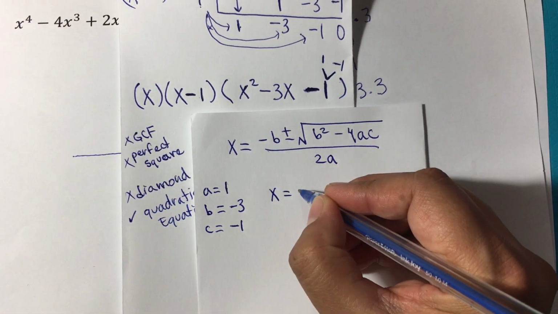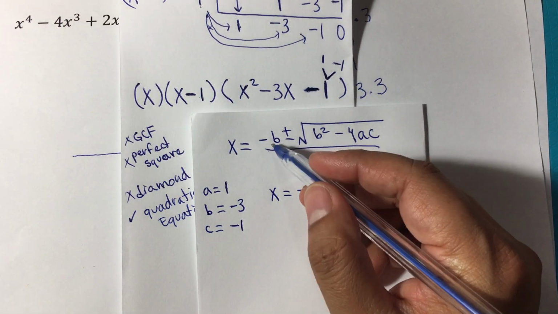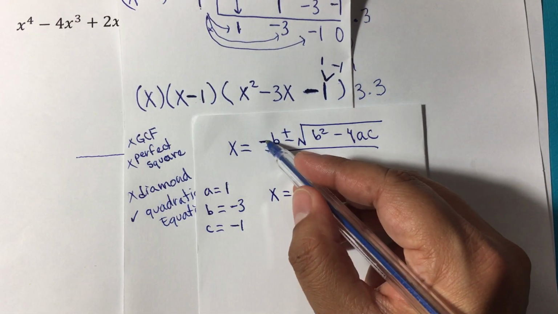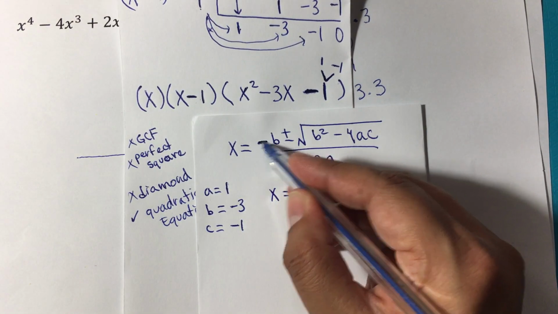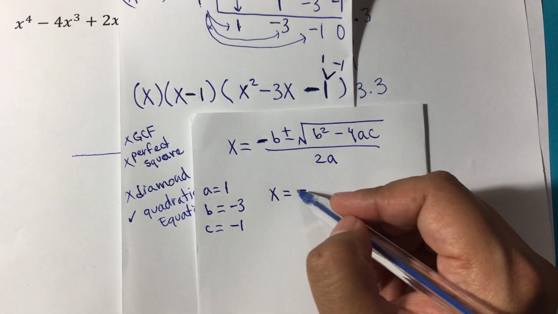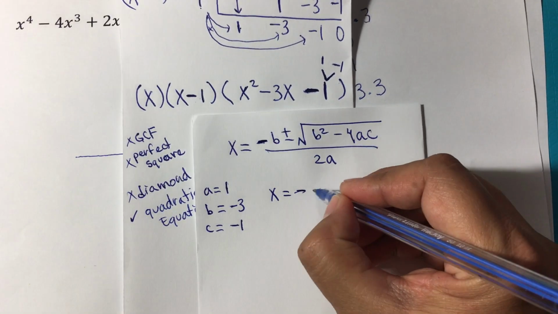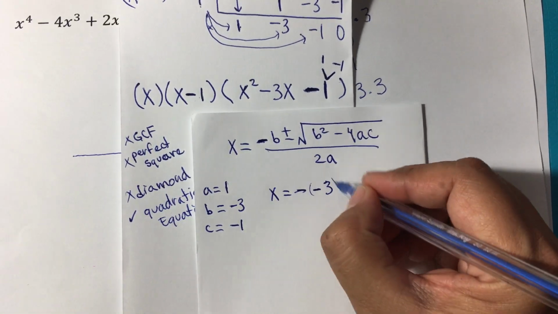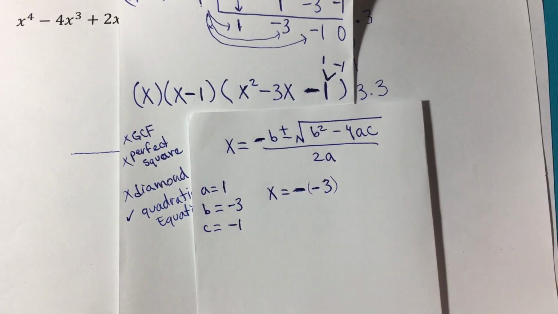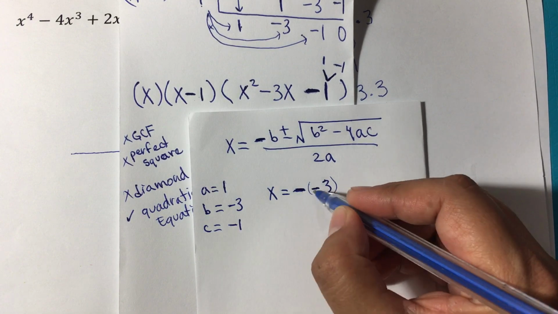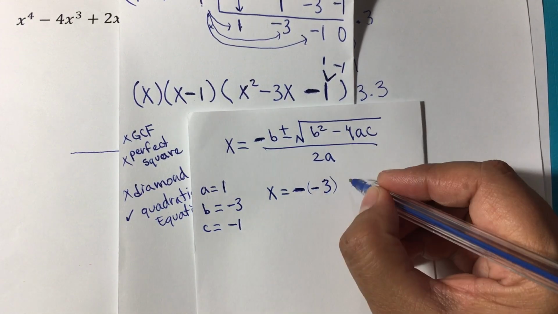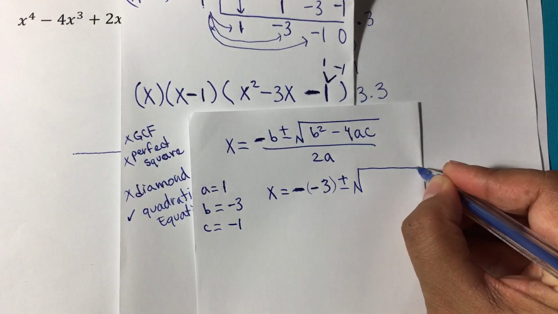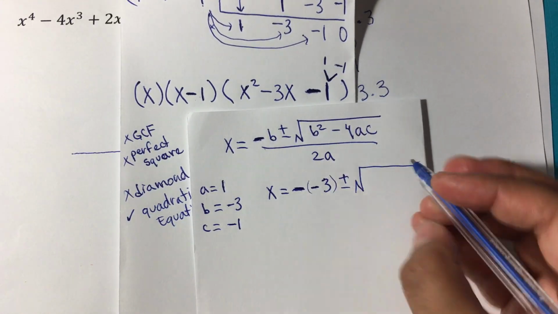So x is equal to -b. B is negative, but we also have in the formula -b. So it's negative from the formula and -3 from B. Then you can put it in parentheses or not, it's up to you, but we need to multiply those signs in the next step. Bring down the plus minus, bring down the square root. B squared is (-3) squared.